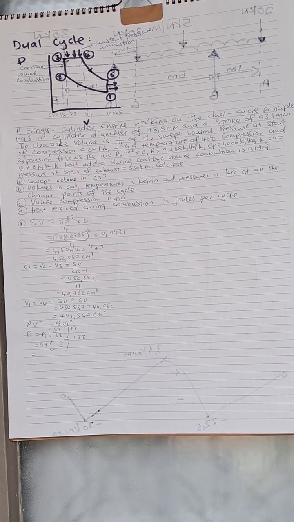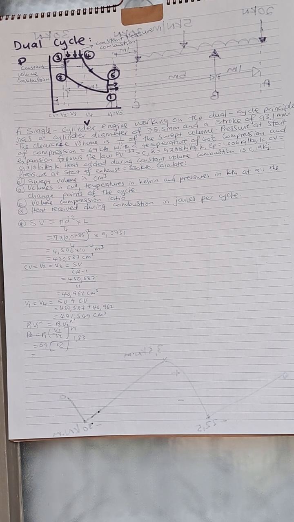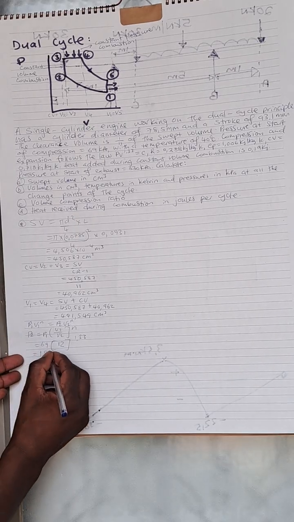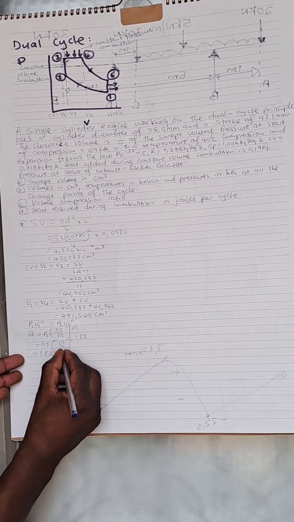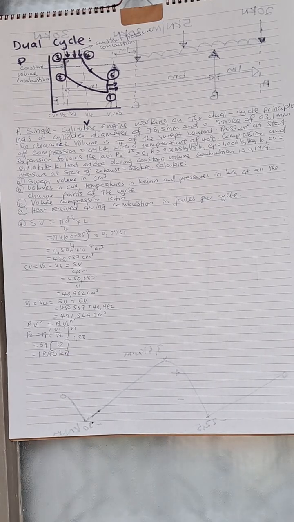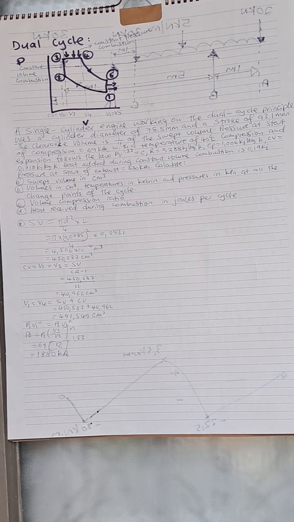So we have 69 times 12 to the exponent of 1.33, which I'm getting 1880 kilopascal. So I hope it's clear. Let's go to the second part.